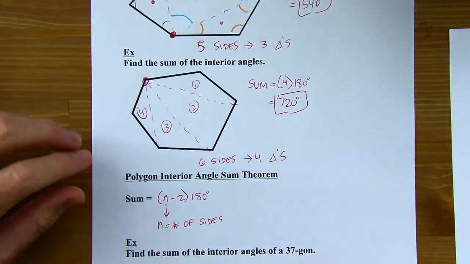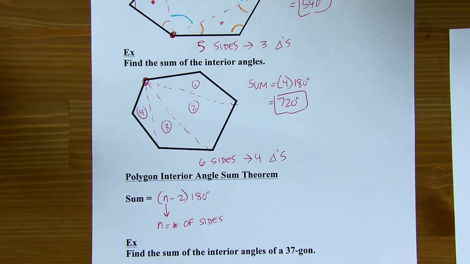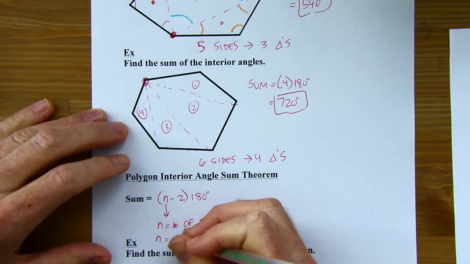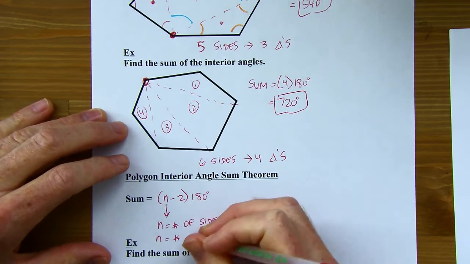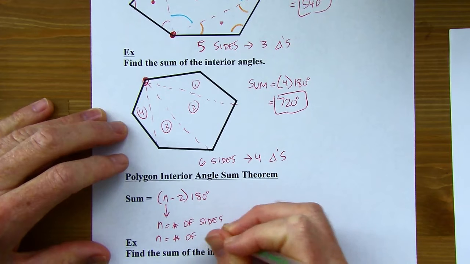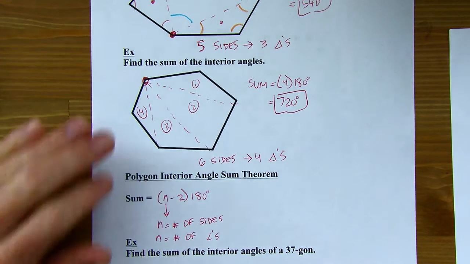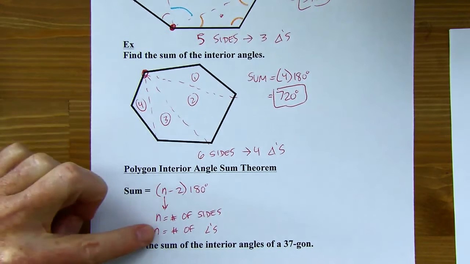Okay, so the number of sides minus 2 gives you the amount of triangles, and then you just multiply that by 180, okay? Also, in some of these problems, it might be worth noting that the number of sides is going to be the same as the number of angles. A triangle has 3 sides, 3 angles. A quadrilateral has 4 sides, 4 angles, and so forth, okay? But I'm going to put that piece aside for later.